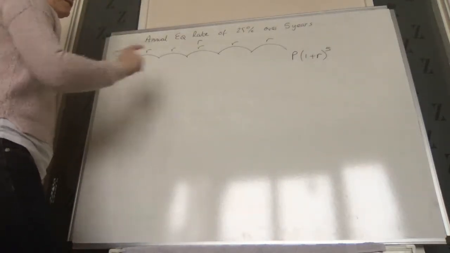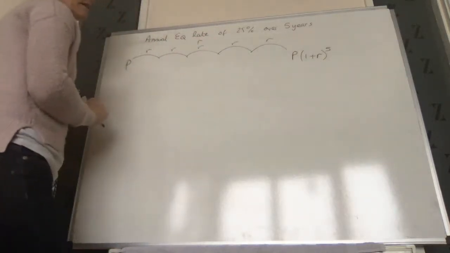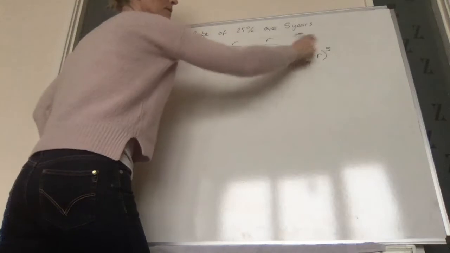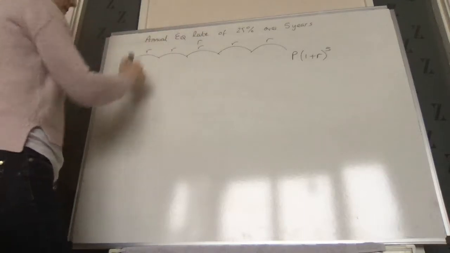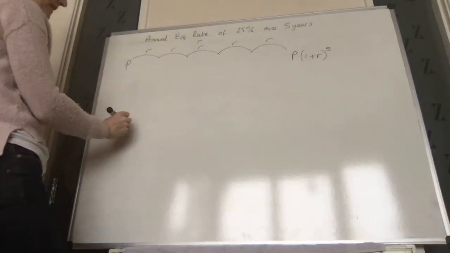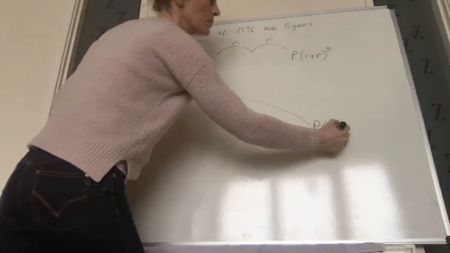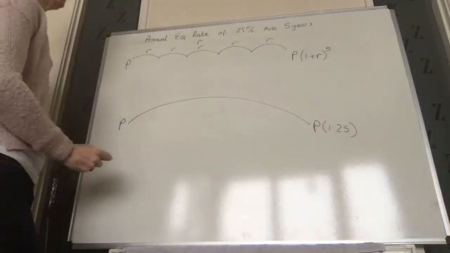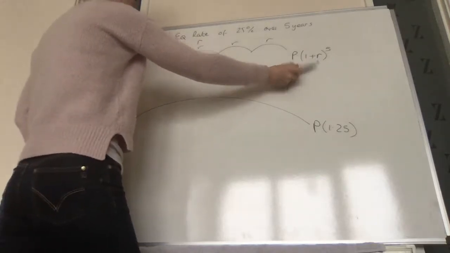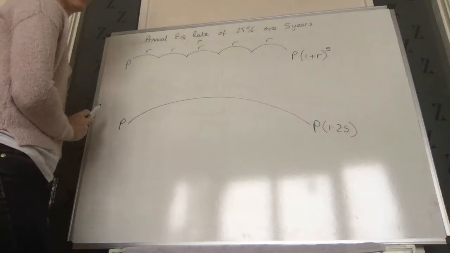We want to find the R so that this number is this number plus 25%. So in other words, what the bank was saying is you put in P and over 5 years we will give you out P times 1.25. Okay? So what R would end up with you getting that 1.25?